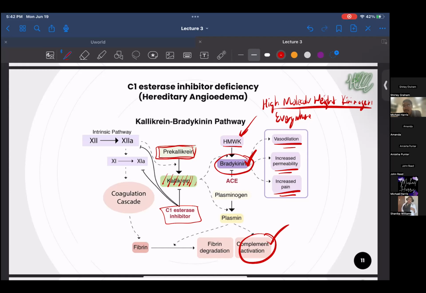So, there's an enzyme known as angiotensin converting enzyme that is responsible for breaking down bradykinin. Okay. Yes, perfect.